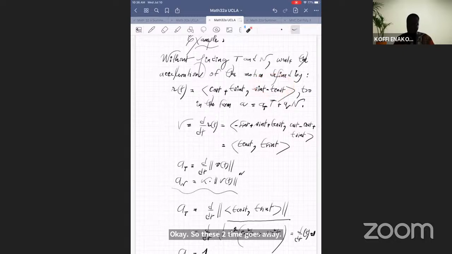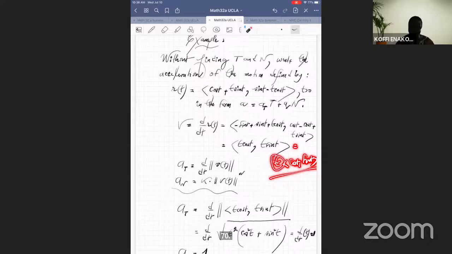The second derivative is cosine t minus another cosine t, product rule here, plus t sine t, so this goes away. The velocity vector simplifies to (t cosine t, t sine t). I can take the t out, leaving (cosine t, sine t). So if I take the norm, I will only have t.